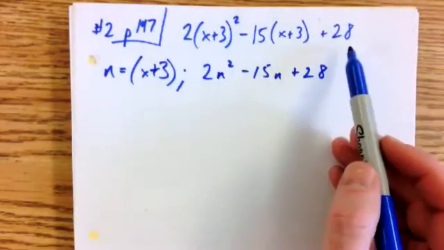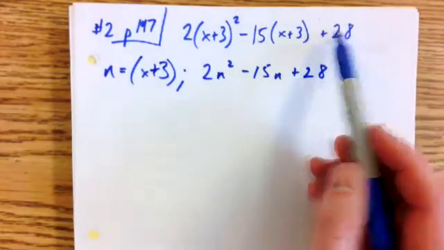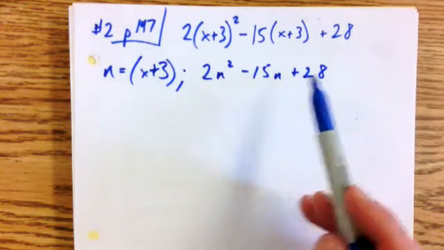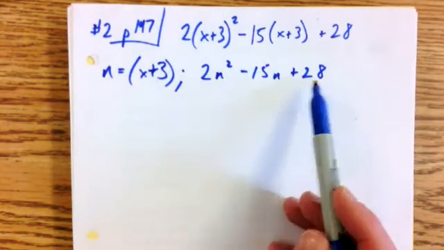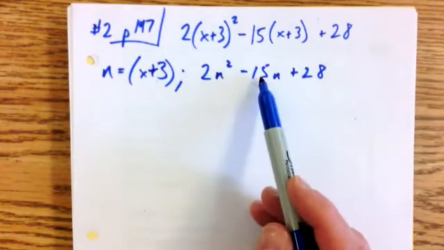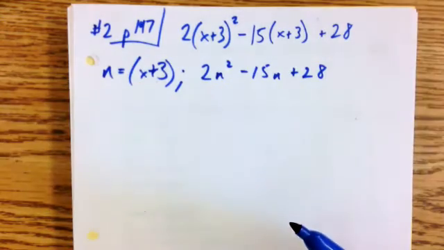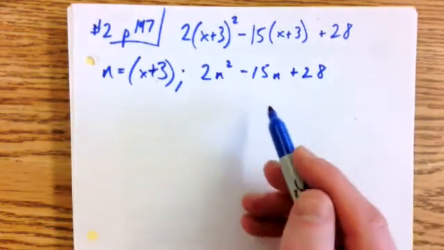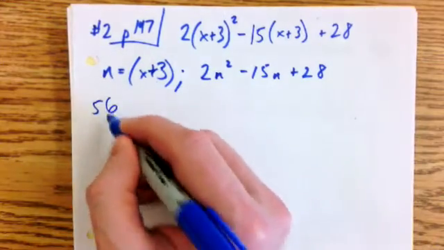I noticed the 2 and the 28 jumped out at me, so I thought, I need to factor out a 2. You can always look to find a greatest common factor. If we can simplify this, in this case, it doesn't work. It has to be even because there's a 2, and 15 is not even. So 2 times 28 is 56.